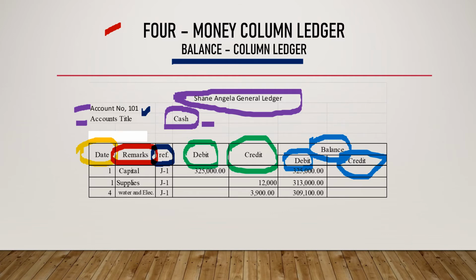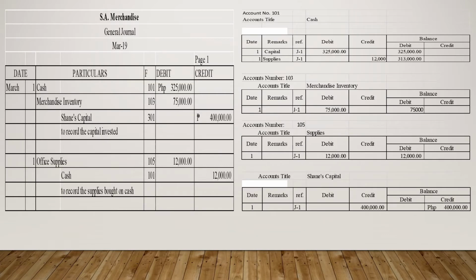So as you can see, in the left side of our presentation, we have the sample of general journal, and in the right side, we have a sample ledger of a certain account. For example, we have cash, merchandise inventory, supplies, and Shane's capital.